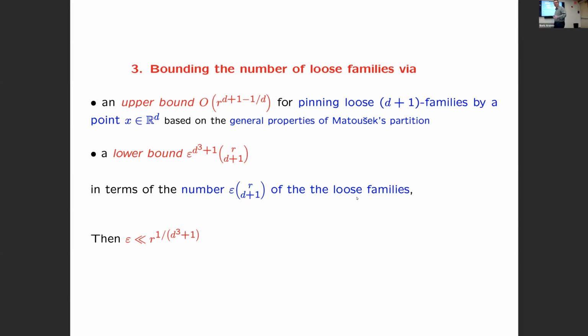So it will mean that this hypergraph of loose families cannot be large, the exponent must be small.